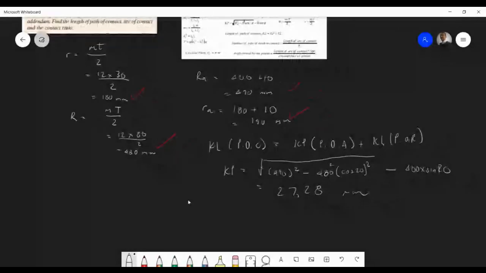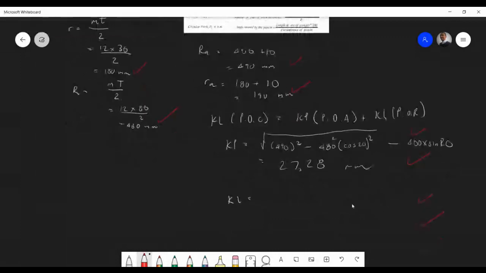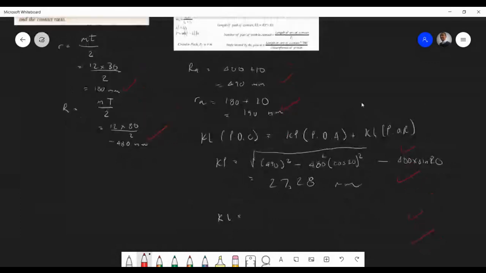Then, what's the next step as normal? Your path of recess, KL. Same old, same old, 8 marks now. Watch this. Easy. I keep my same formula; all I do within my calculator is change my values.